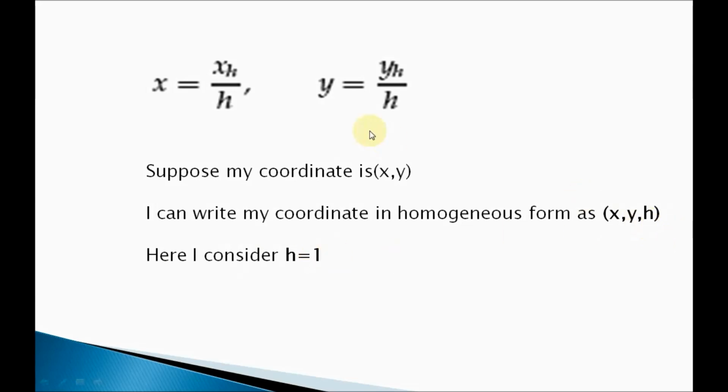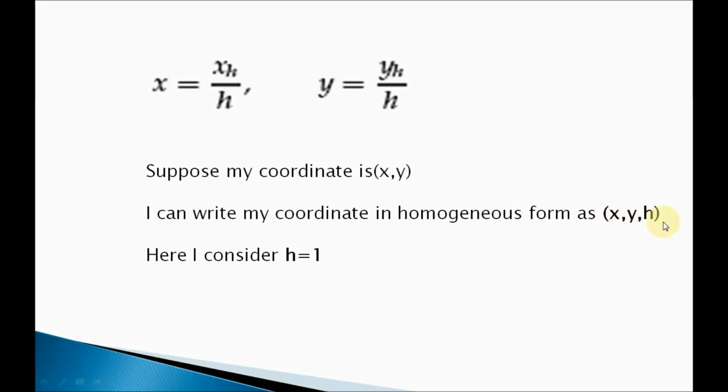Why? See, x by h, y by h. Any value that is divided by 1 remains the same. You can divide any value by 1 and the value won't change. That's why I am considering the h value as 1. Even if it is multiplied or divided, no problem, the value remains the same, but it is converted into the 3 element format. Getting, guys?